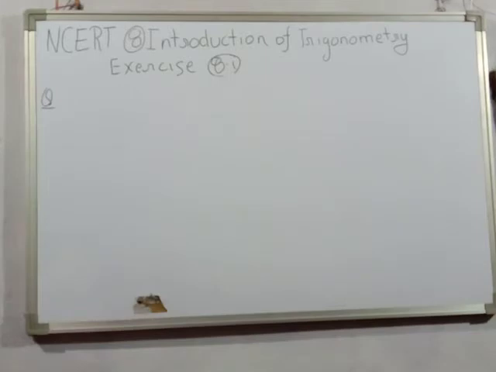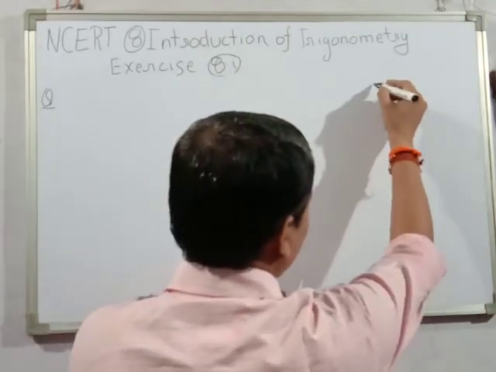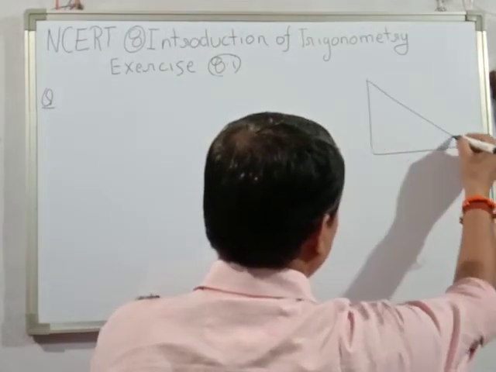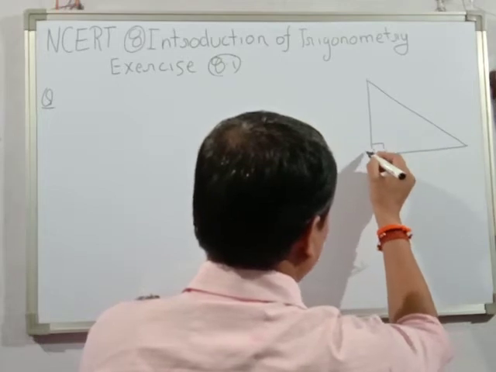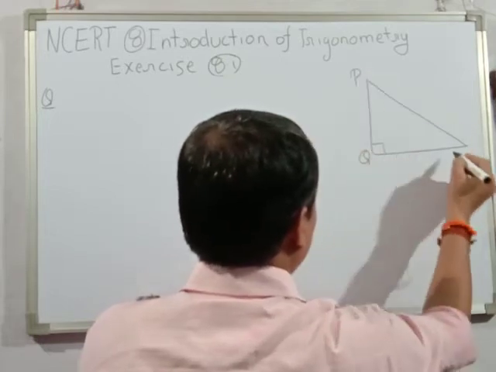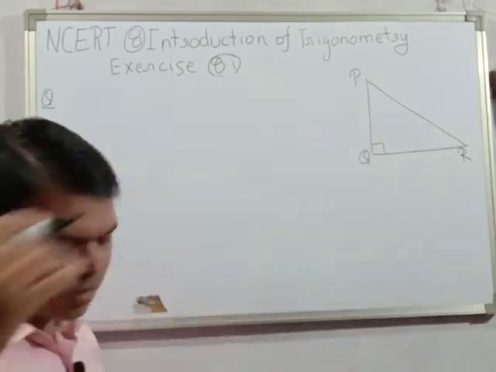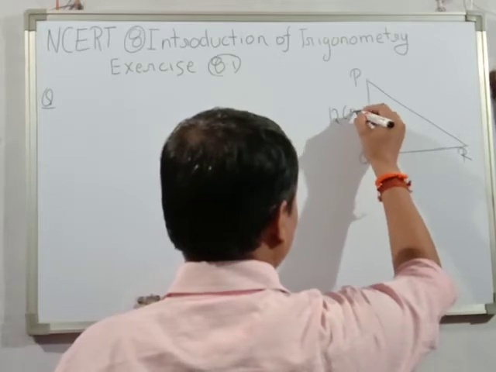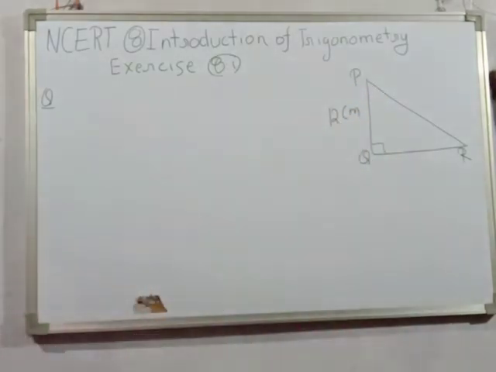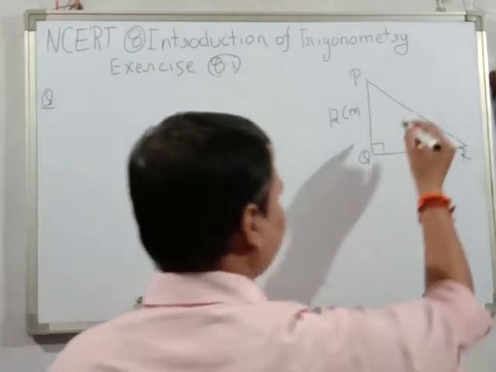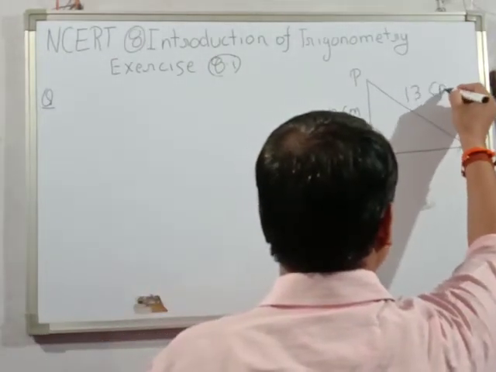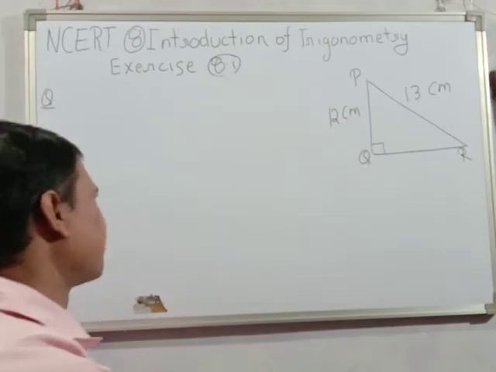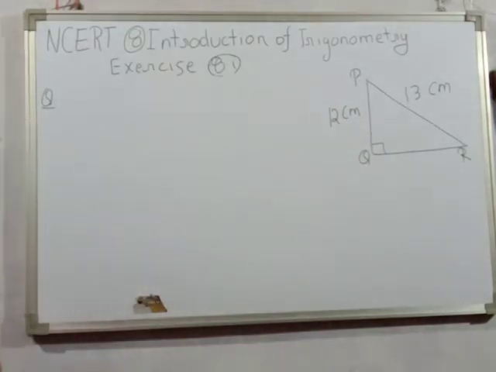In figure 8.13, triangle PQR, right angle at Q. In the figure, PQ is 12 centimeter and PR is 13 centimeter. We have to find tan P minus cot R.